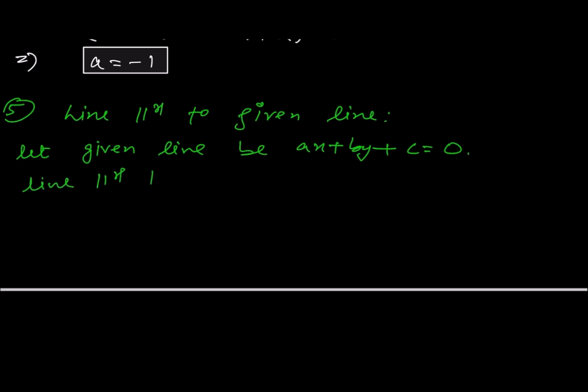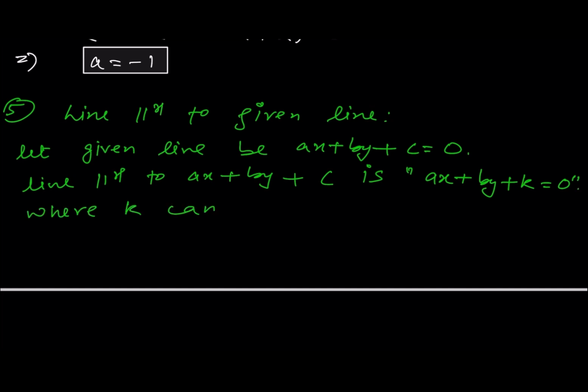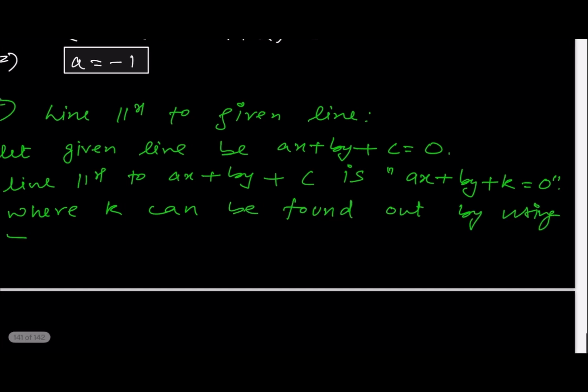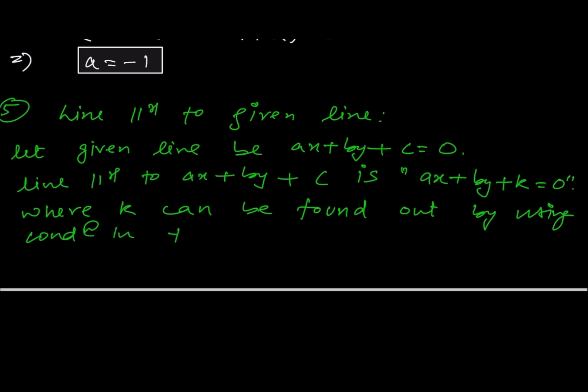A line parallel to ax plus by plus c is ax plus by plus k is equal to 0, and this k can be found out by using the condition in the question.